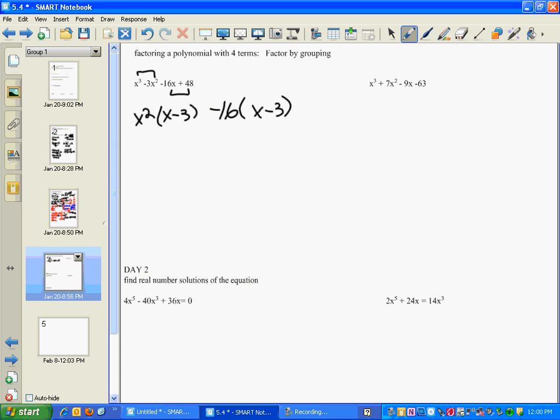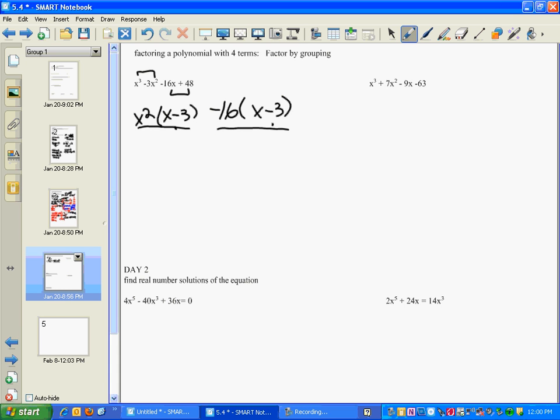I create this to be x squared. I know this has to be x minus 3 because that's what I got over here. So I'm going from 1, 2, 3, 4 terms to this is one term and this is one term. Would you agree? So I've gone from 4 terms to 2 terms, correct?